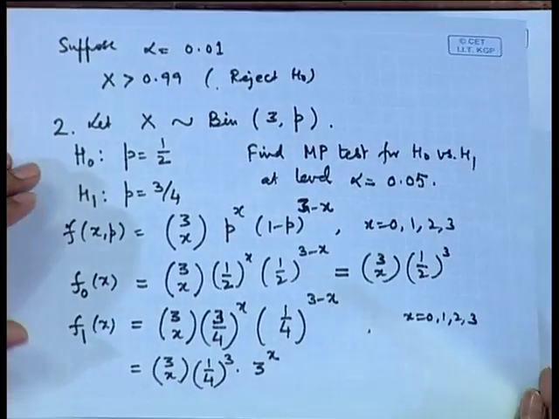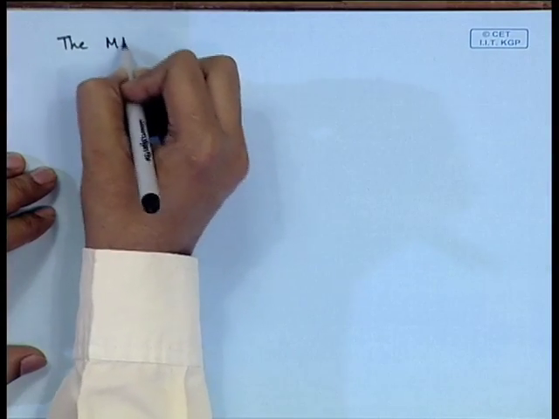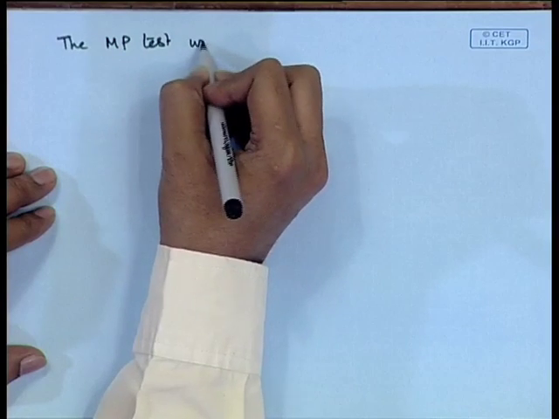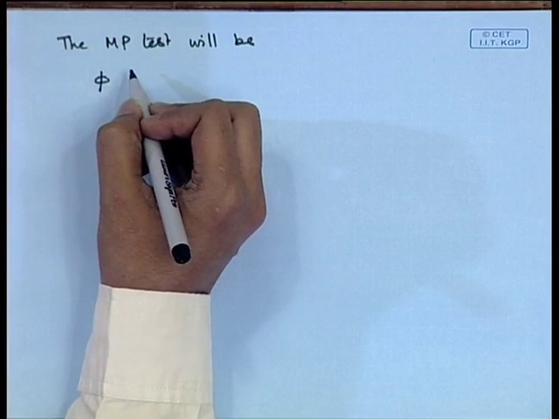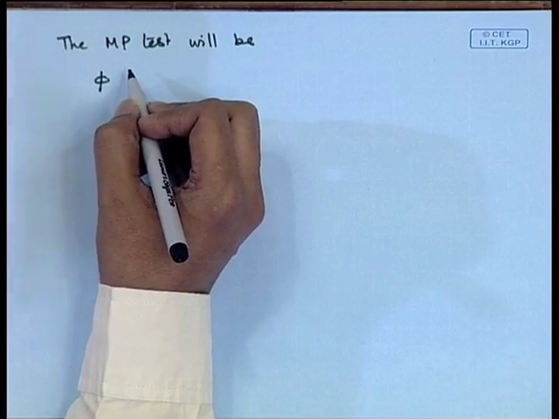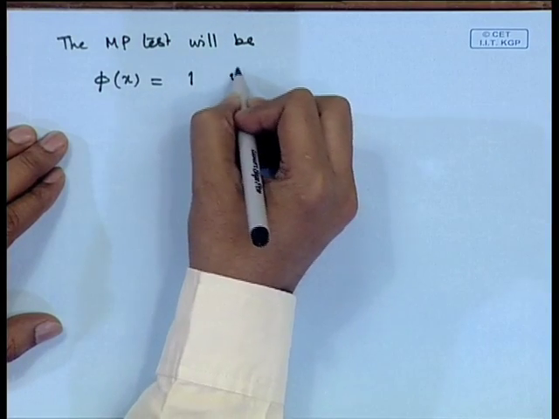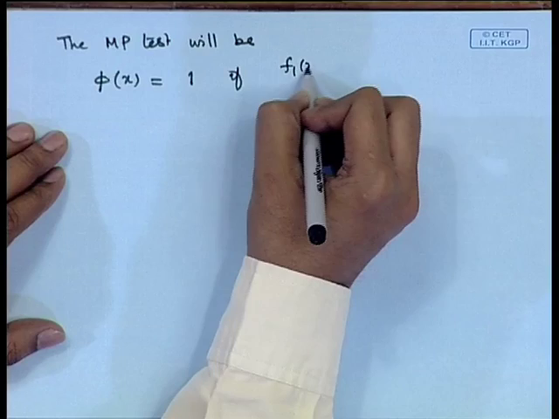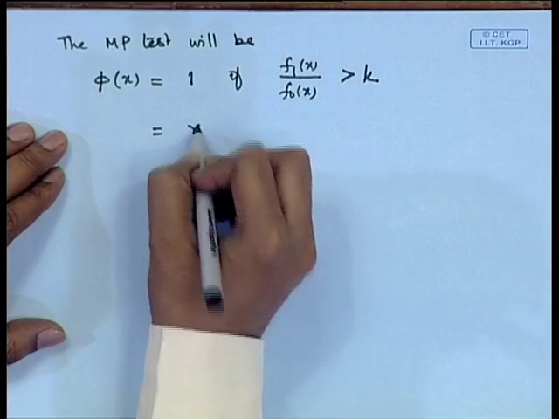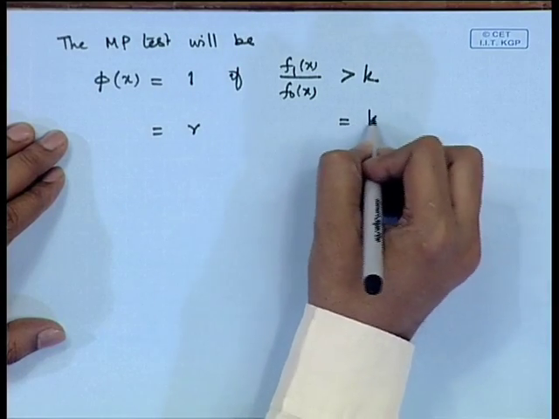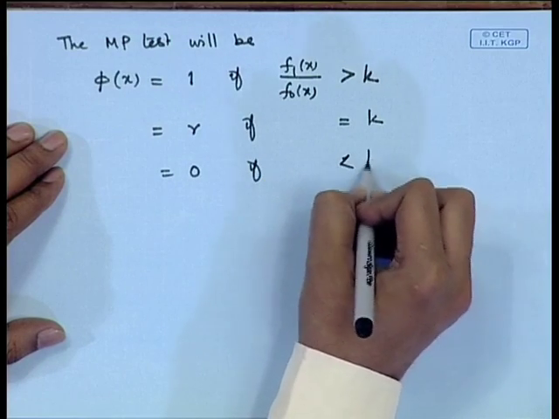So, the most powerful test, since here randomization may be required, we write the test function. phi x is equal to 1 if f 1 x by f naught x is greater than k, it is equal to gamma if this is equal to k, it is equal to 0 if this is less than k.